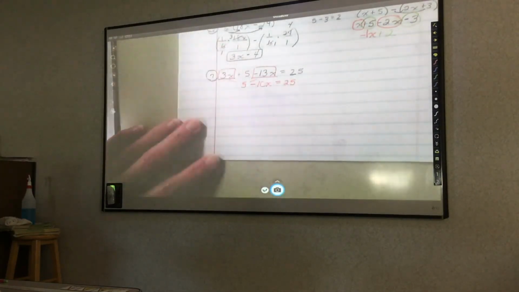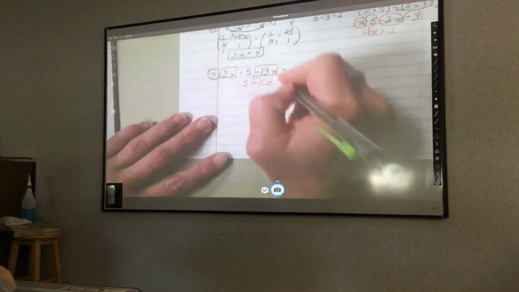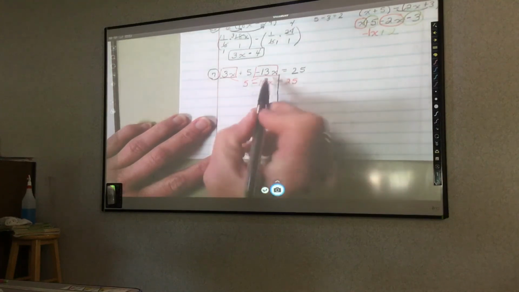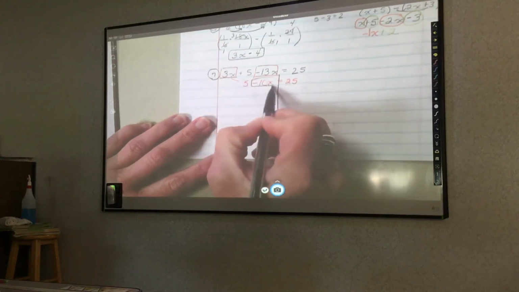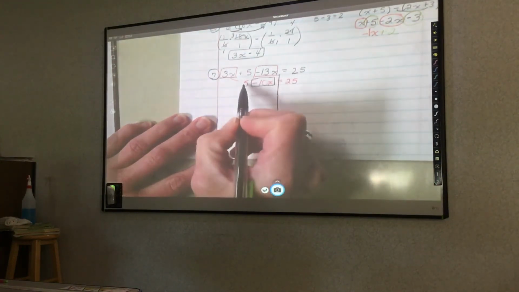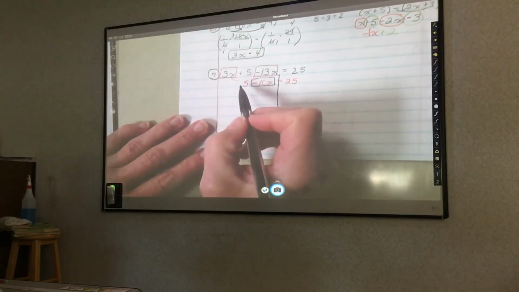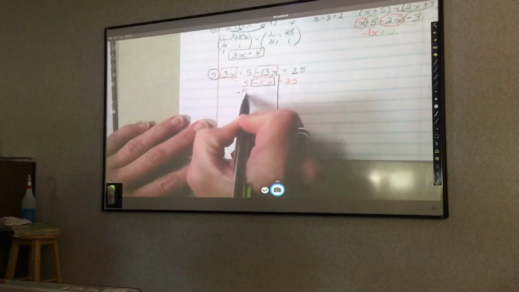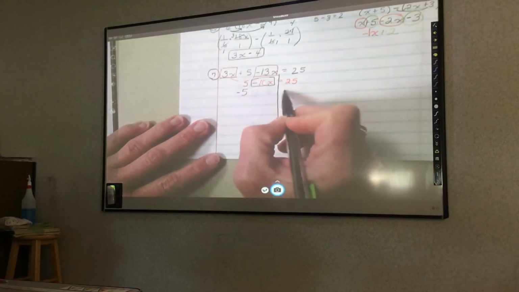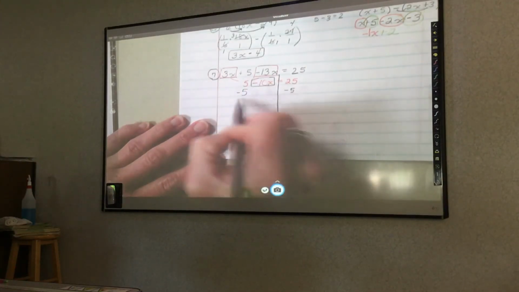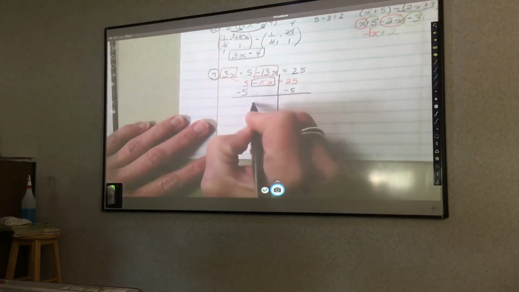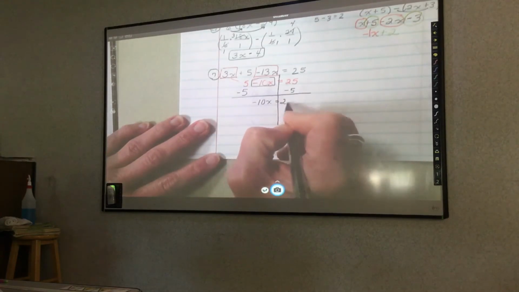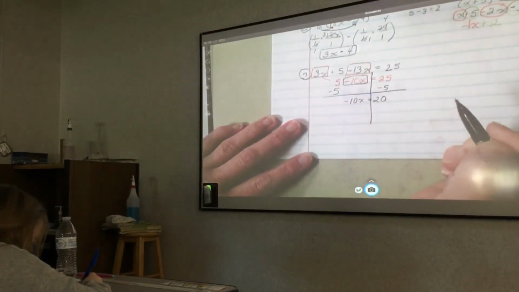Now we're back to what we're used to. Draw your line. Box in the x. This is like a positive 5, so how do I get rid of a positive 5? Subtract. So now I have a negative 10x equals 20.